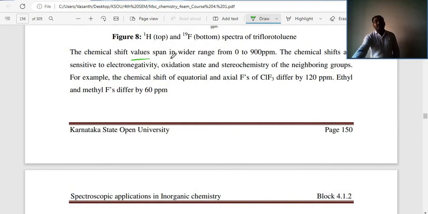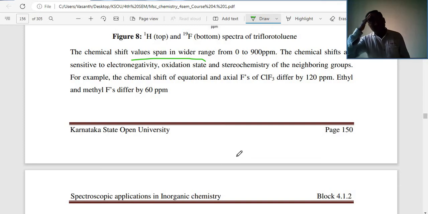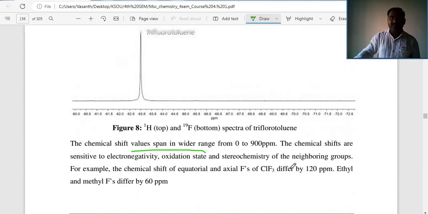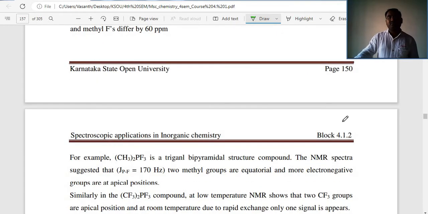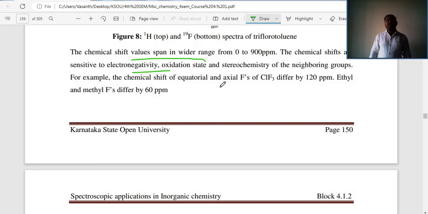The chemical shift values span a wider range. The chemical shifts are sensitive to electronegativity, oxidation state and stereochemistry of the neighboring groups.